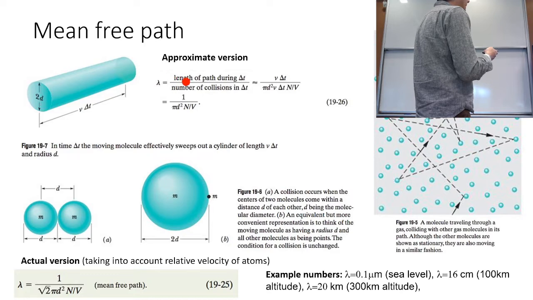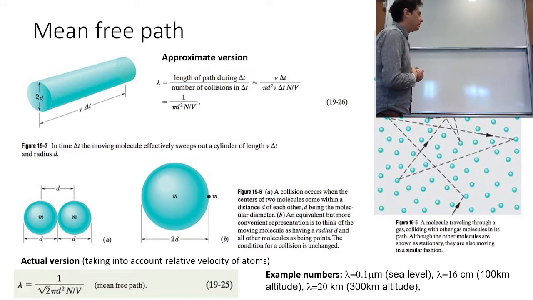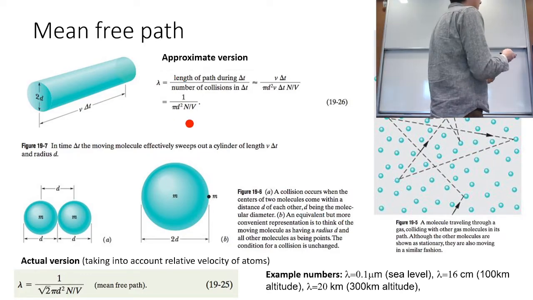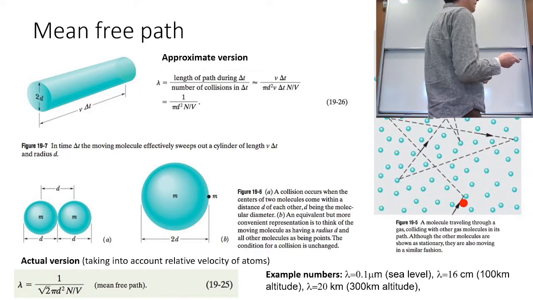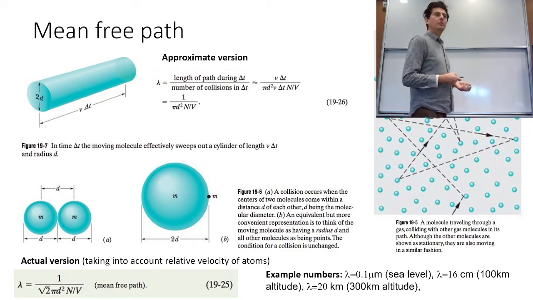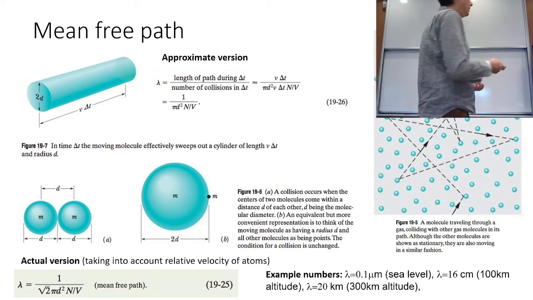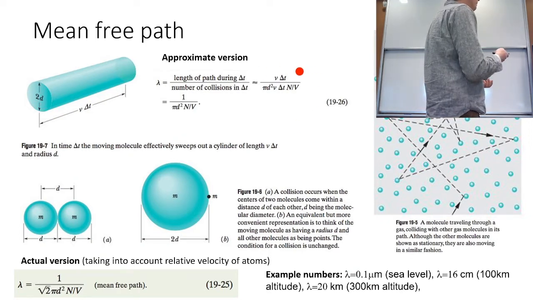What we can do to work out the mean-free path is to suppose that this thing is coming in at a velocity v, and the distance that it would move in some time interval would be the velocity times the time.